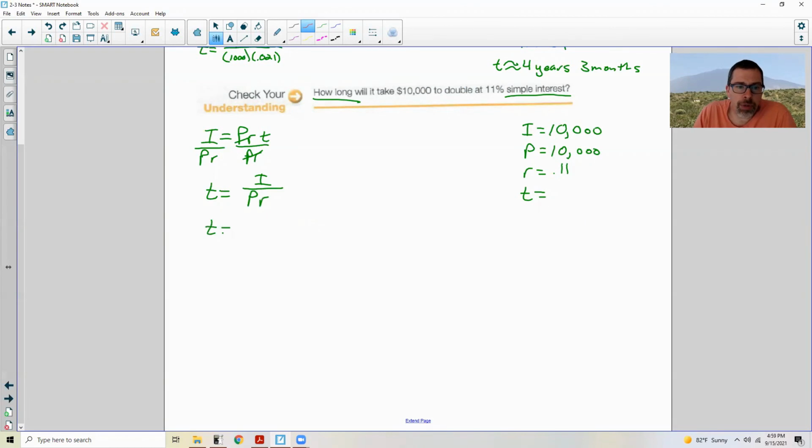So then I substitute in my givens. Interest is $10,000 divided by the principal, which is also $10,000, and I'm going to multiply that by the rate, which is 0.11.